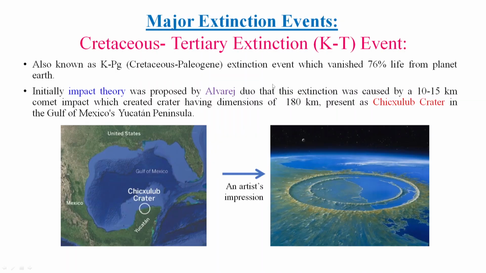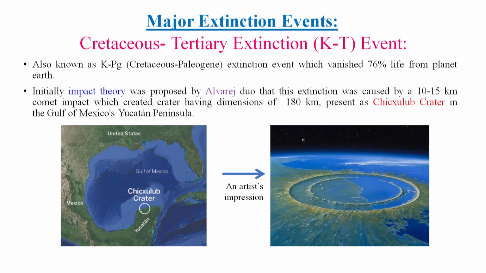Then the next very big, major mass extinction event was the Cretaceous-Tertiary extinction event, also referred to as the KT event, which also demarcates the boundary between the Mesozoic and Tertiary time periods.